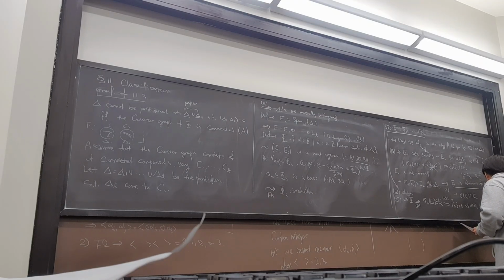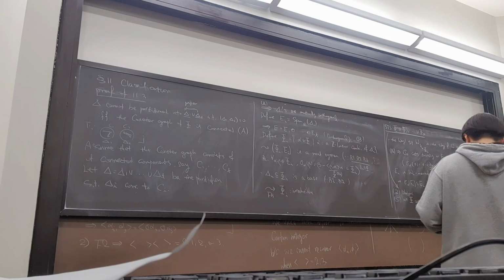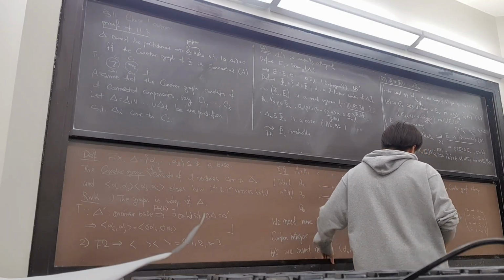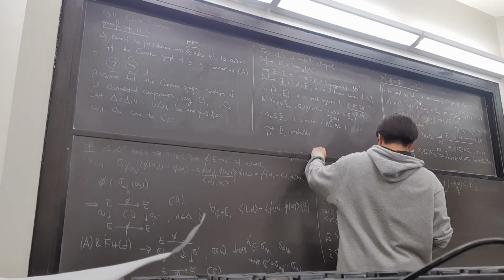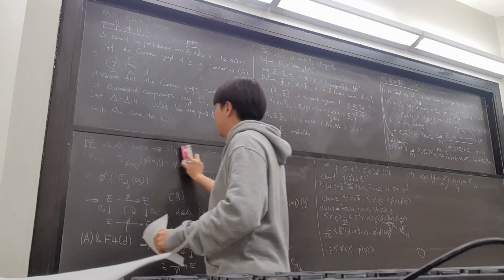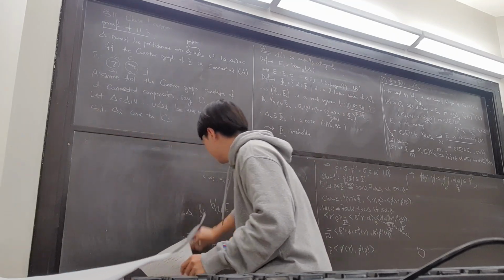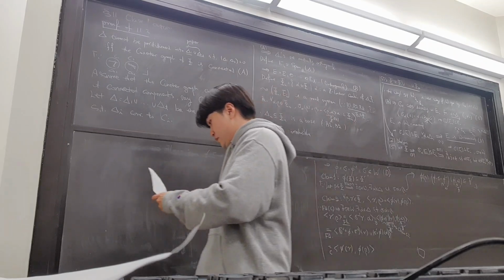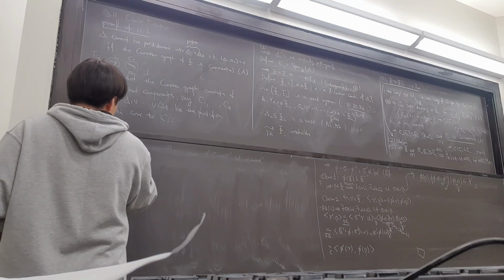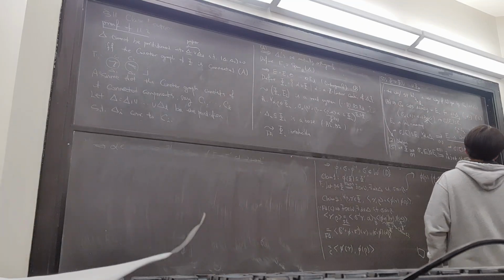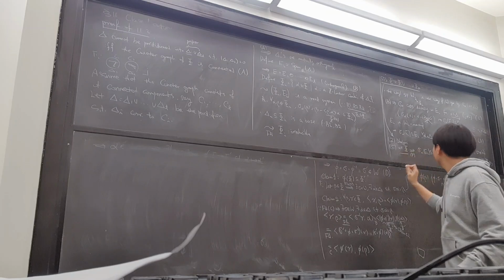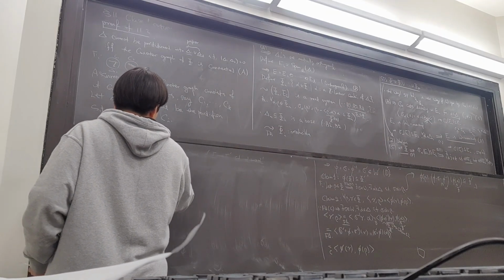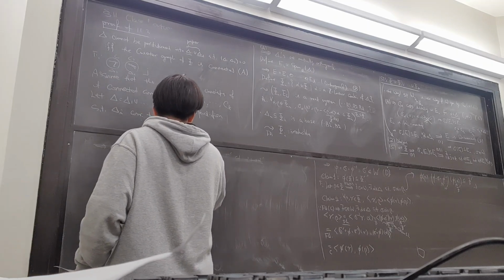Alpha is not in J. Then alpha is in E_J and alpha is in pi. So E_J is just the span of delta I, right? And the set pi.